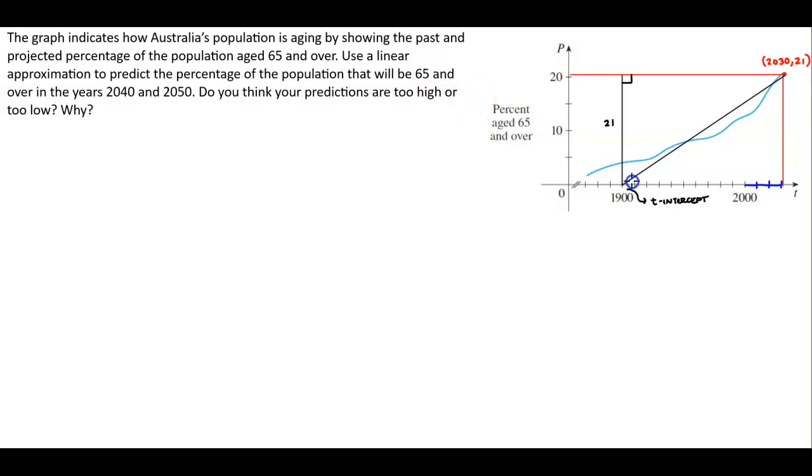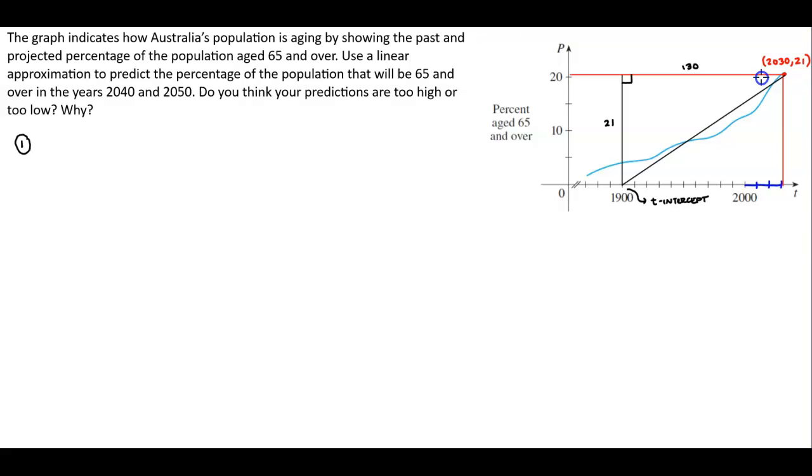And if this is 1900 and that's 2030, then the distance from here to here is 130. Now we want to write out our linearization.